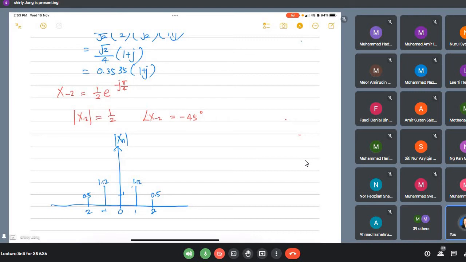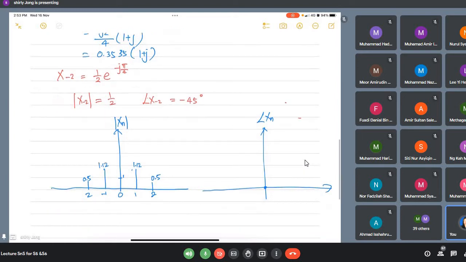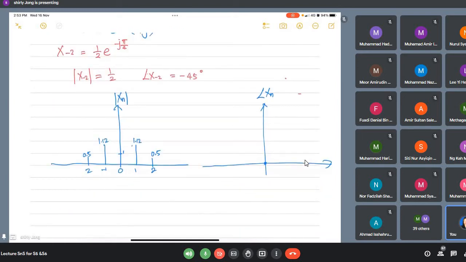Then another one is the phase. So this is the phase of the xn. For the x0 you don't have the phase, so it's 0. And then for the x1 you get -26.5.